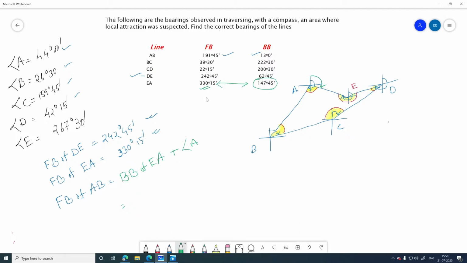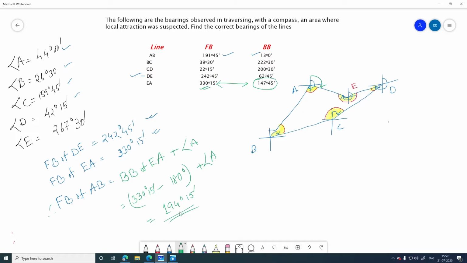So 330 degree 15 minutes minus 180 degree plus angle A will be the value of the forebearing of AB. This is the corrected value, and that value is 194 degree 15 minutes.